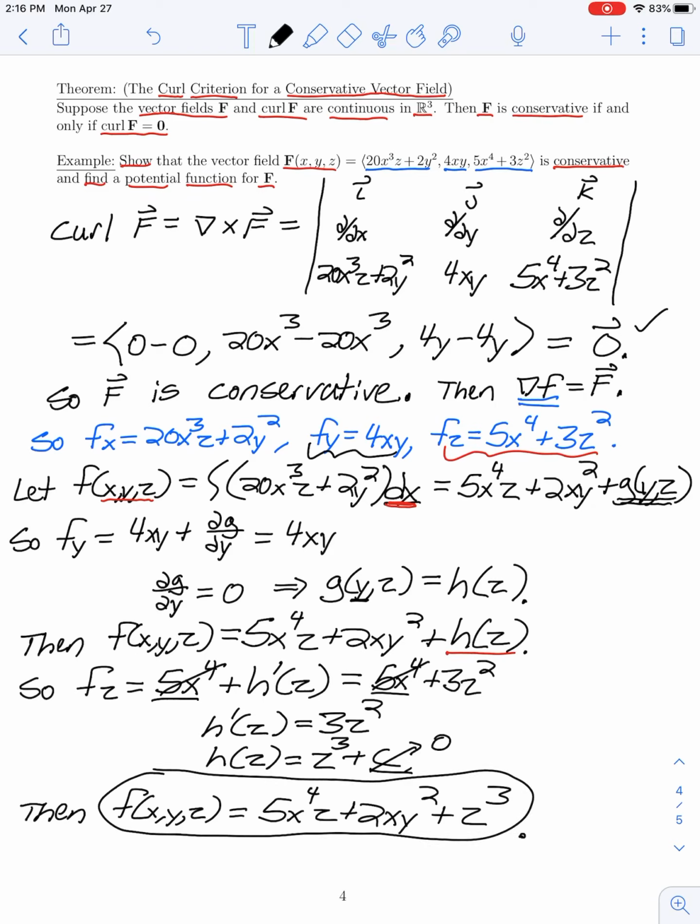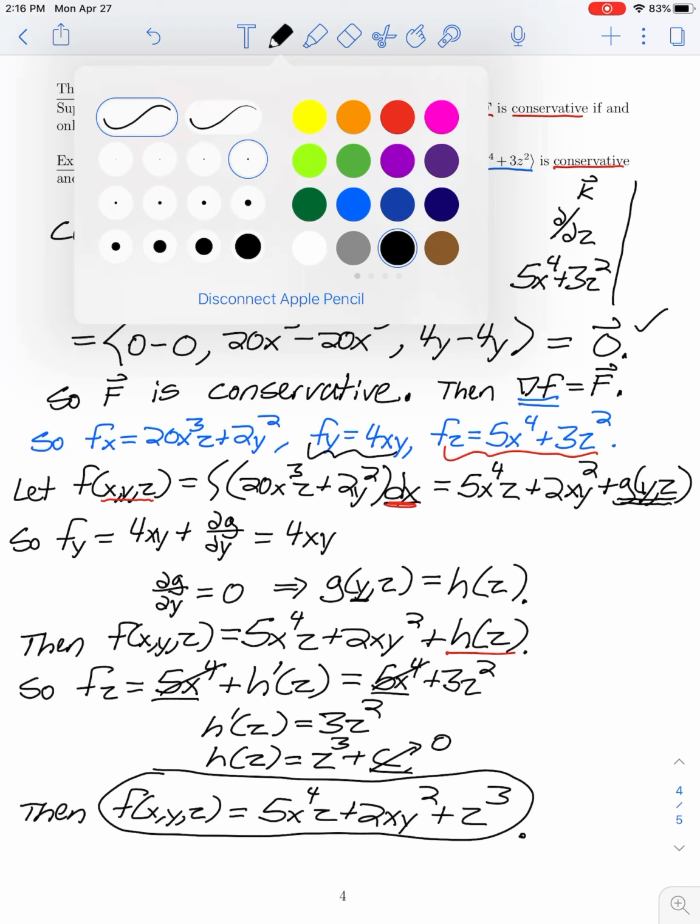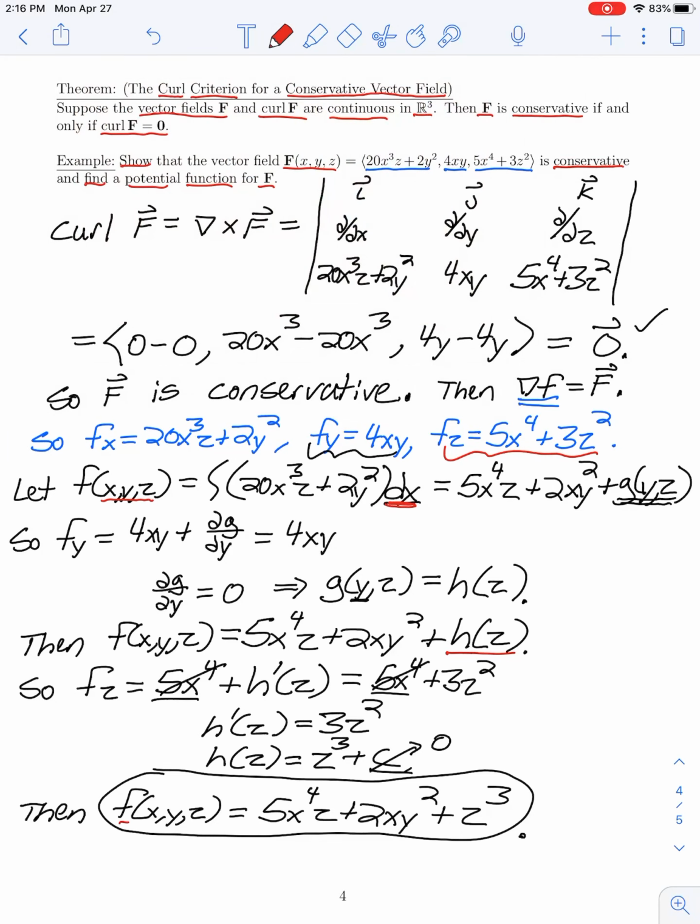And for these types of problems where we're asked to find a potential function, we can always check our answer, because if we were to take the gradient of this answer that we find, we would get back our vector field f. So we can always check our work here by finding the gradient of our answer and making sure that it is equal to the given vector field.